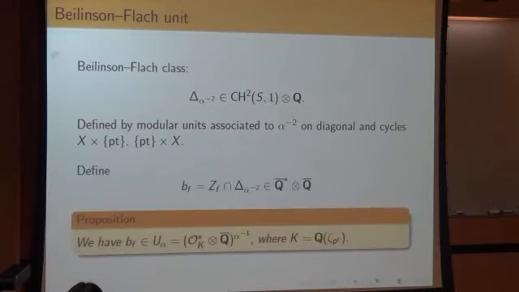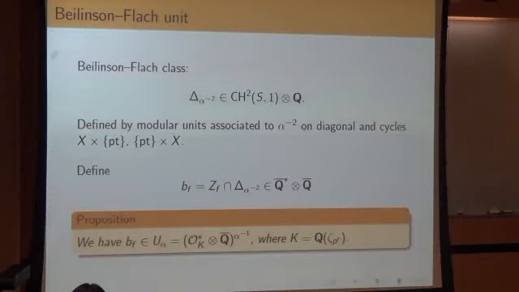And then my unit that I want to define now is just the intersection. So the intersection pairing that I defined between Chow 1 of S and Chow 2 of S comma 1 gives me an element of Q bar star. And since my elements are actually tensored here with Q and in the previous case with Q bar, I actually get an element of Q bar star tensor with Q bar.